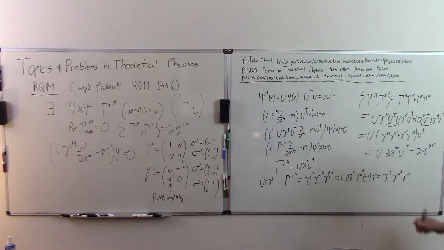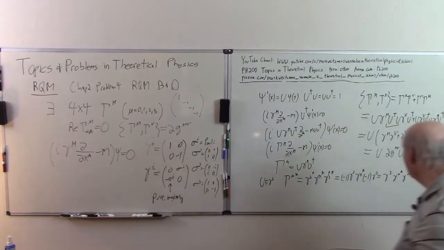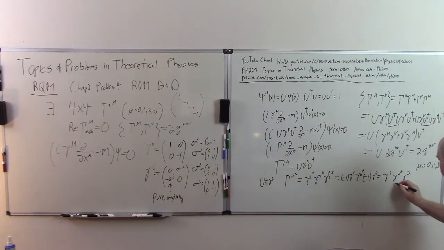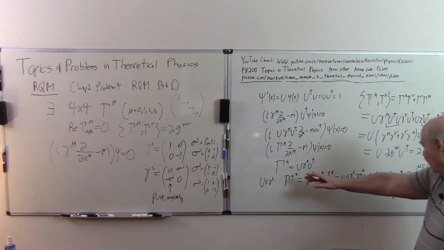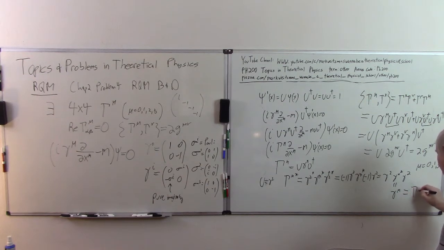Now, if mu is 0, 1, or 3, these matrices are pure real numbers. So gamma mu star equals gamma mu. All we've established is that our new matrix is equal to gamma mu.